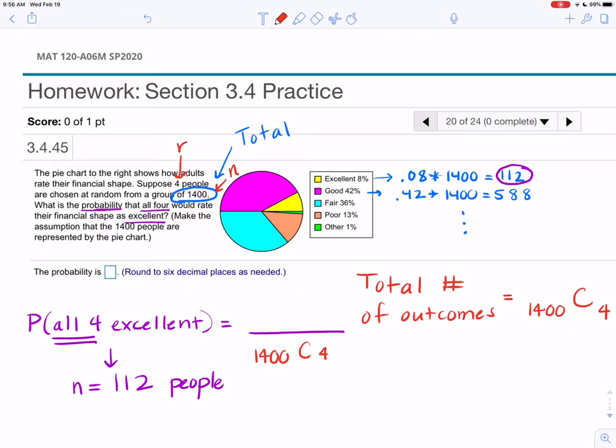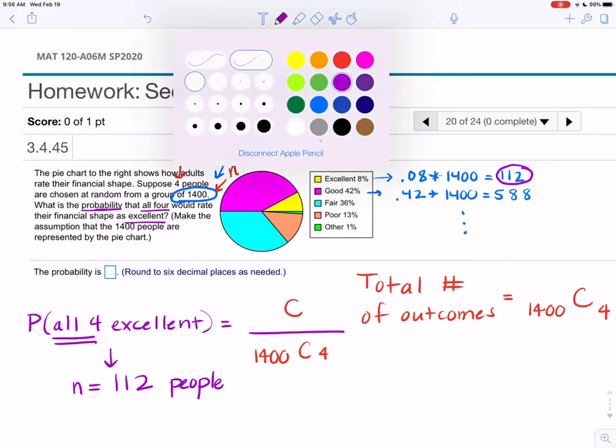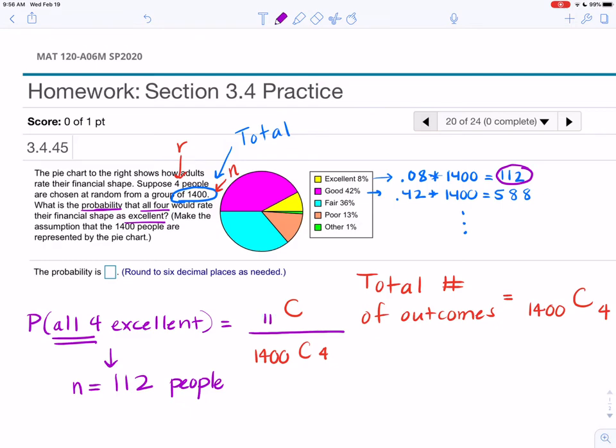Now remember, when you don't have a simple event, right, and this one's way too general to be a simple event, you use the exact same counting rule. So we already know this is an NCR. And then we note we're only choosing from the excellent group for this event, right? So we're only choosing from the 112 people in that group. We are still talking about selecting 4 from that group.